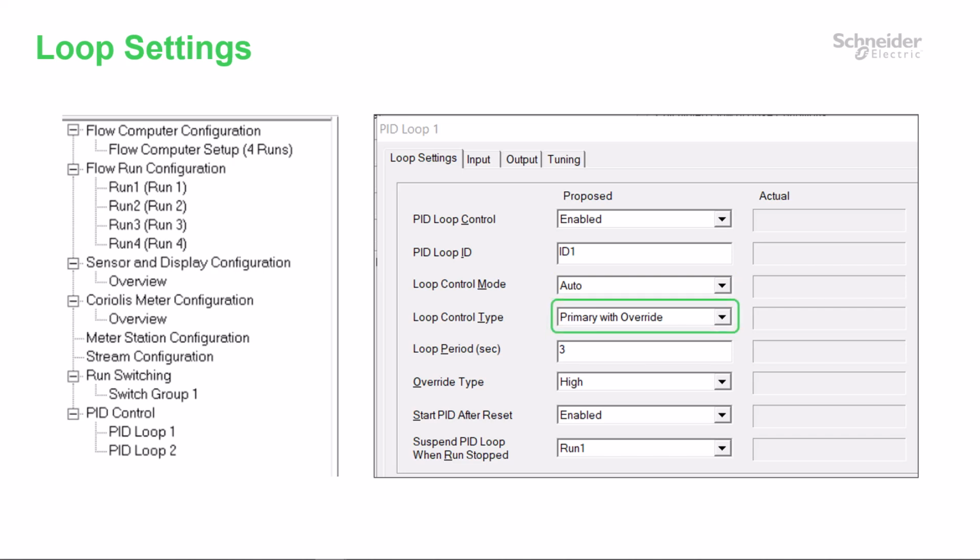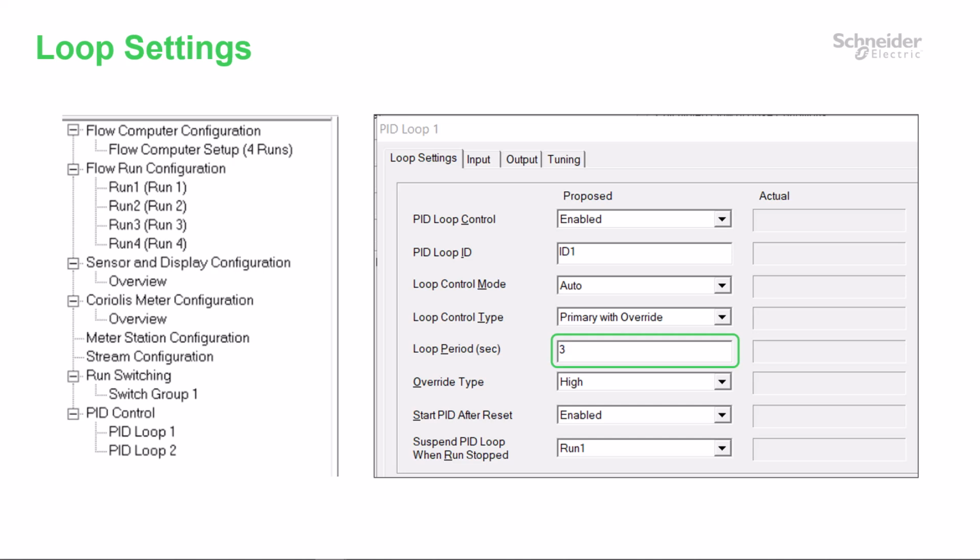Loop control type lets you specify only a primary loop or primary with override. An override loop can take control under exceptional circumstances. For example, the primary loop might control flow rate, but the override loop might control pressure and take control when the pressure rises too high.